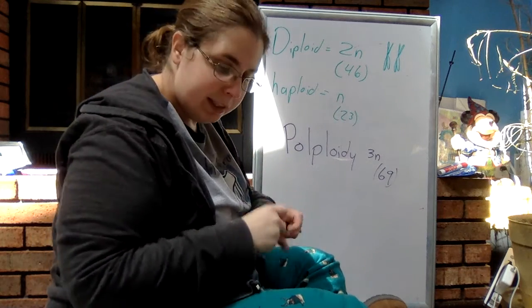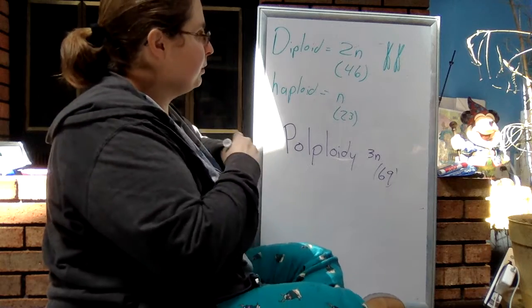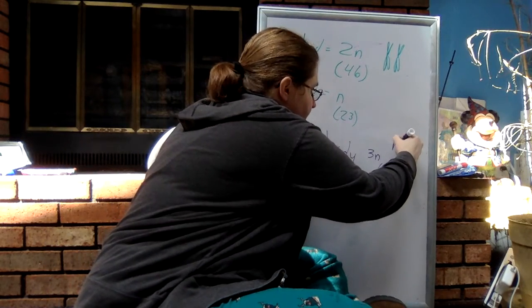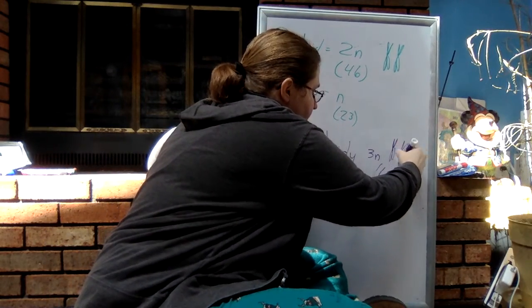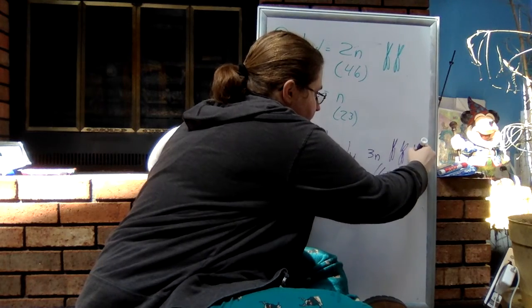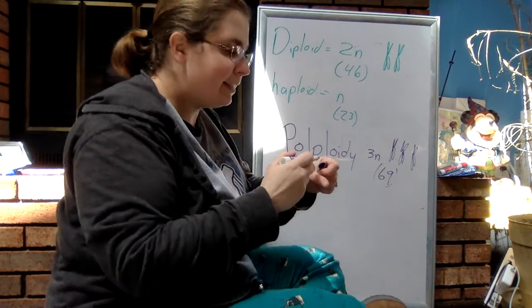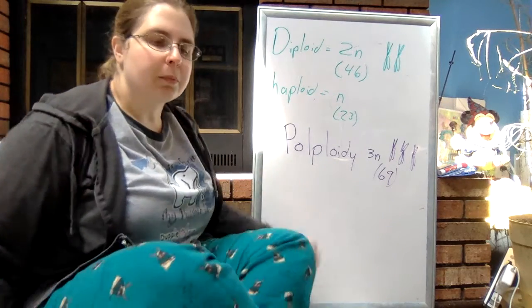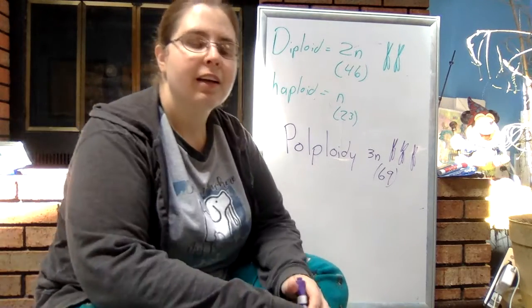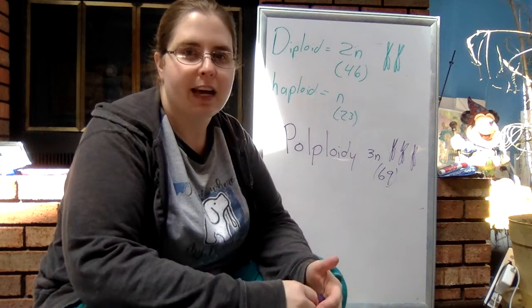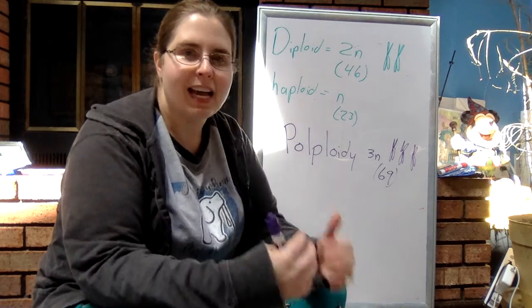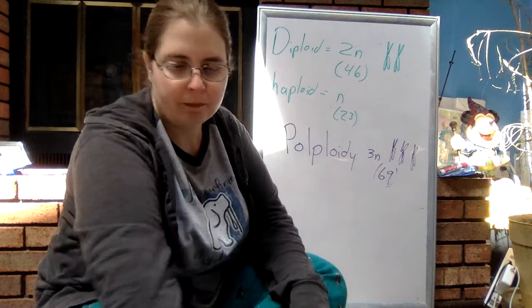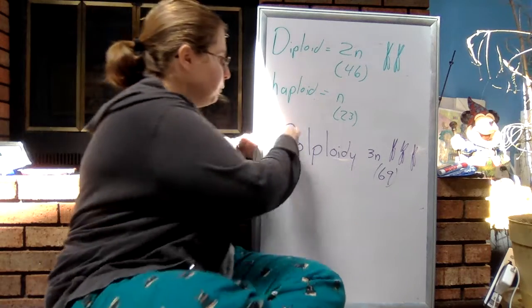But if you were polyploid, maybe you have 3 of each chromosome, or 7 of each chromosome. But the point is, when it's polyploidy, you have a full extra set, or more than one extra set, of chromosomes. That's different than aneuploidy.